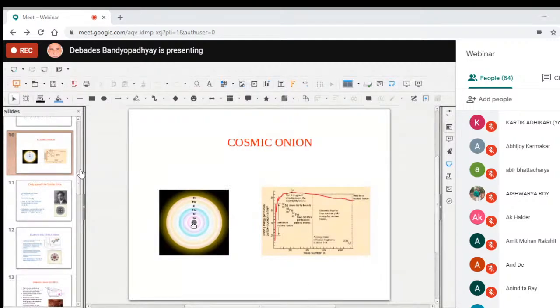So this center is called the iron core. Outside, we can see layers of silicon, oxygen, neon, carbon, helium, hydrogen. So this structure is like an onion. That is why it is called a cosmic onion. If you peel it from outside, you will see different layers as you go inside.